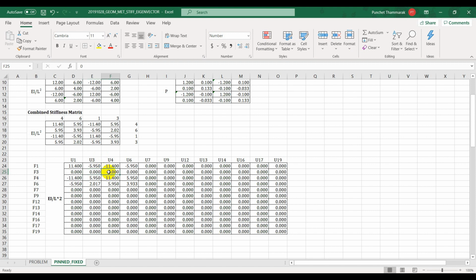Last one, this 4, 6, 1, 3. Just look roughly if there is anything wrong. If the matrix is not symmetric, then something must go wrong. That's the easiest way to check. So this is symmetric, this is okay. Alright, then we have all this stuff in.